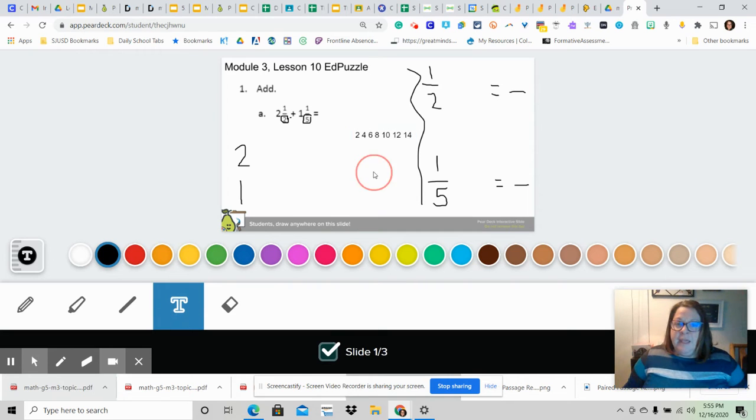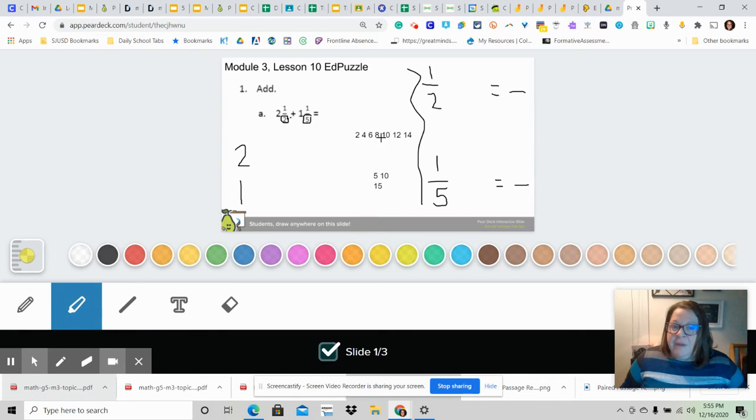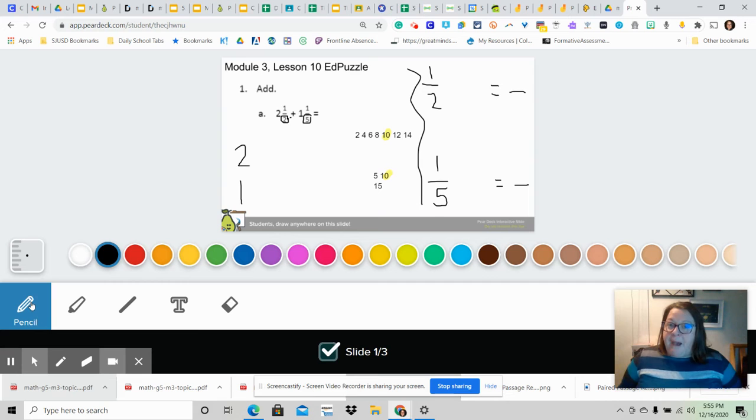Then list your multiples of 5: 5, 10. I know I can stop at 10, because I'm just looking for something they have in common. They have 10 in common. So my new denominator is going to be 10.